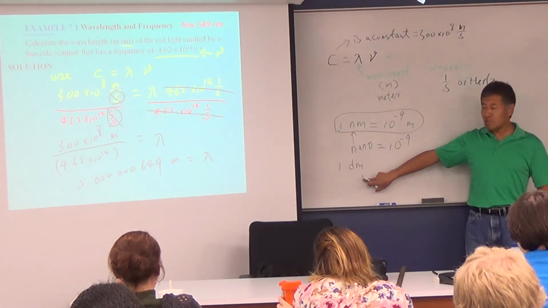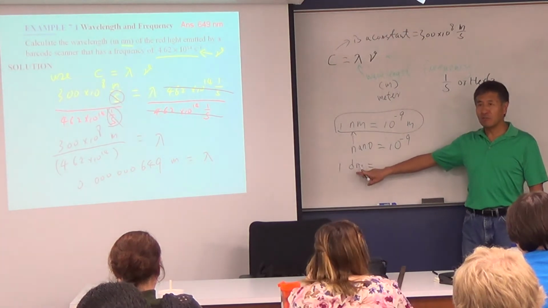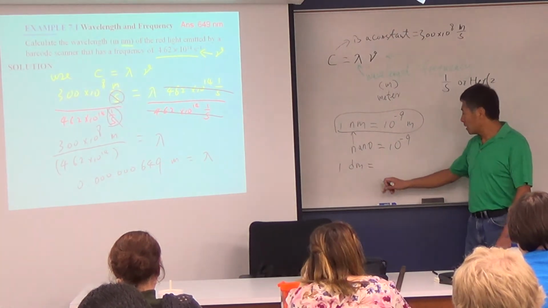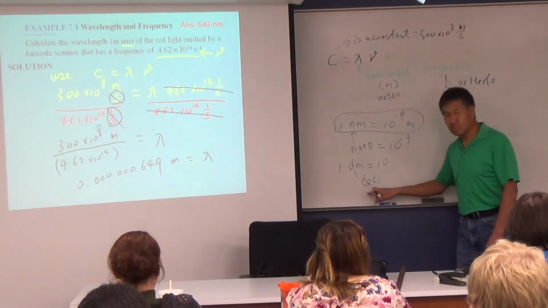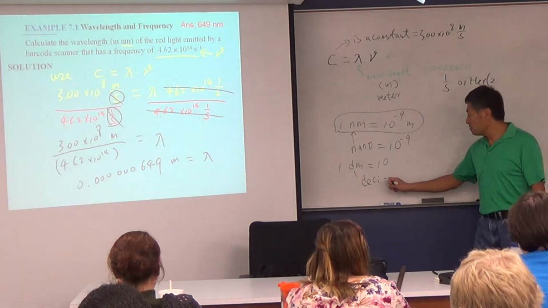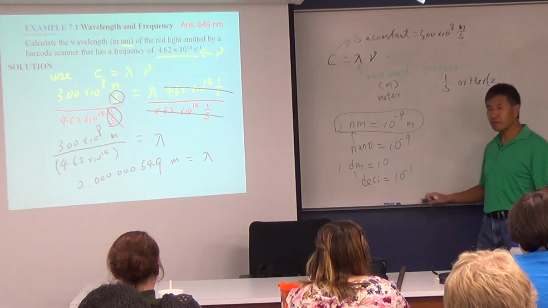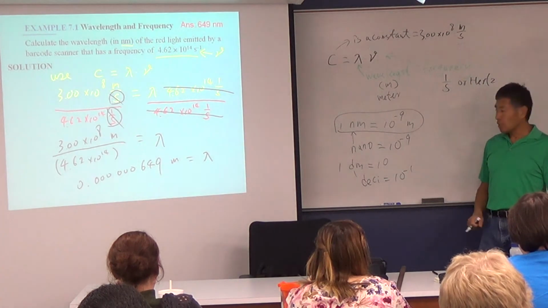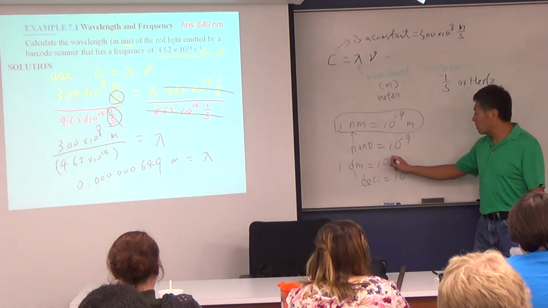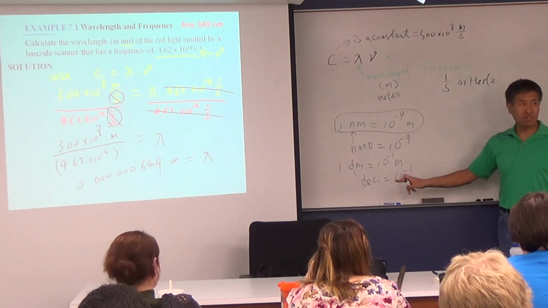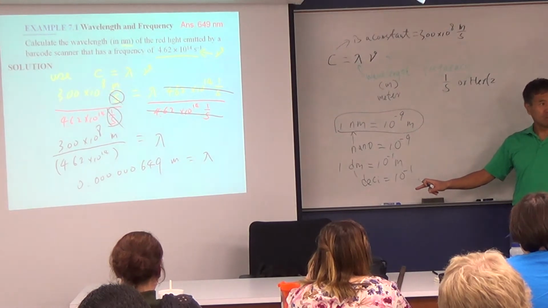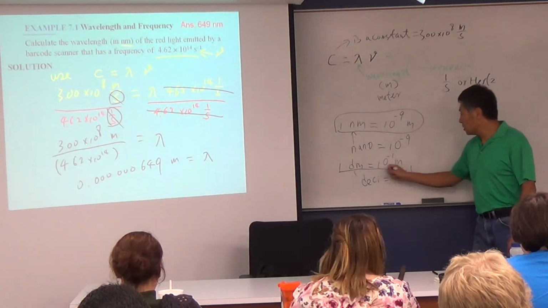What is the relation between decimeter and meters? As we said before, this is deci. Deci means 10 to the negative 1. So just replace the d by 10 to the negative 1, and what is left over is meter. And you get this equation very quickly.